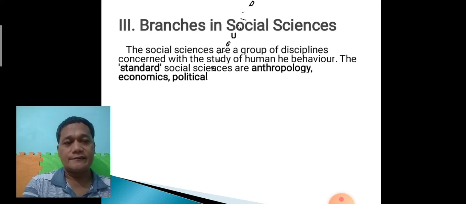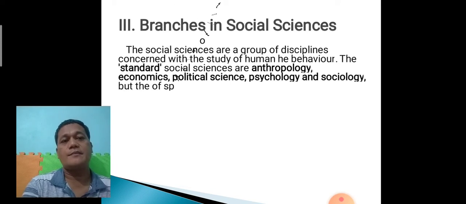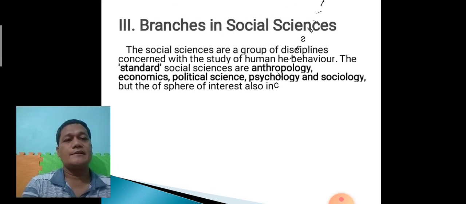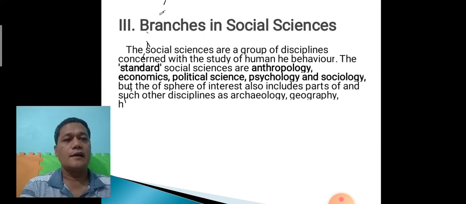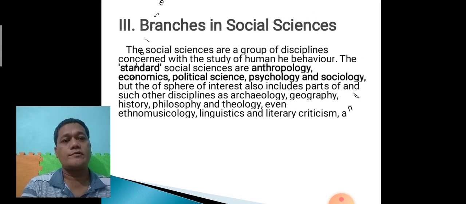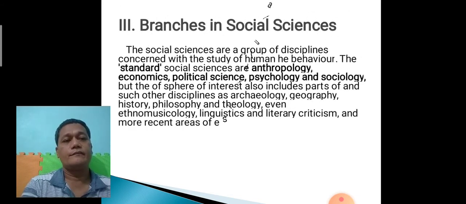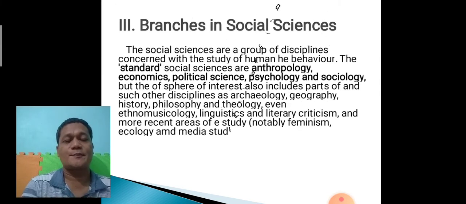The standard social sciences are anthropology, economics, political science, psychology, and sociology. Okay? So, dun sa ating module, ang wala dun is the economics at saka I think psychology. Ang included lang doon ay yung anthropology, political science, at saka sociology. Understandable kasi subject natin ay UCSP.